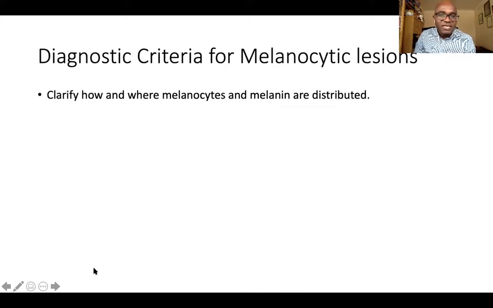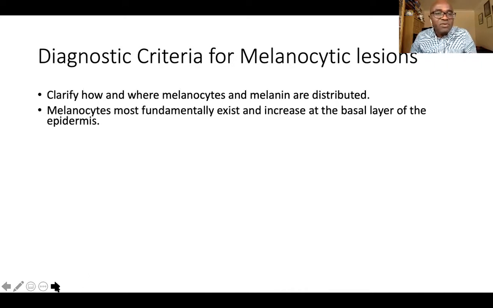Then we clarify how these melanocytes and melanomas are distributed. This is how you see it in the melanocytic lesion. The distribution follows the diagram or table that I showed you previously; this is the explanation of it. The melanocytes most fundamentally exist and increase in the basal layer of the epidermis.